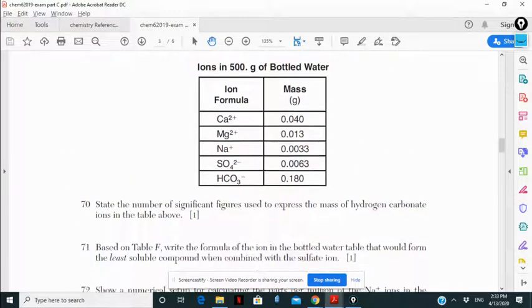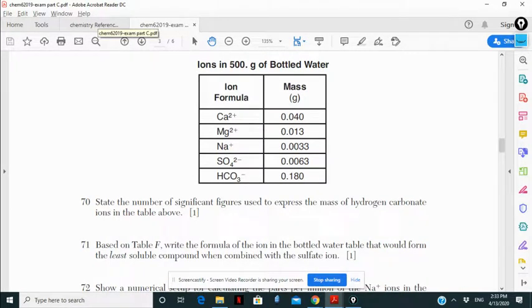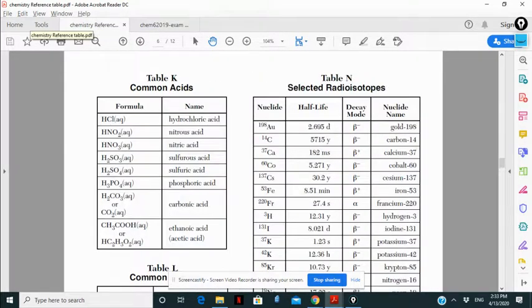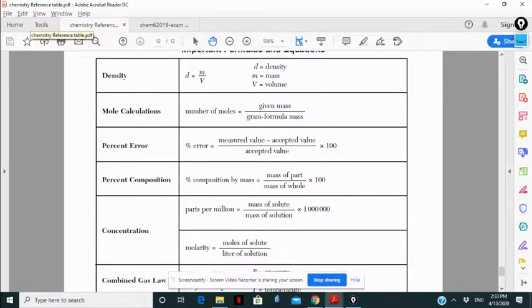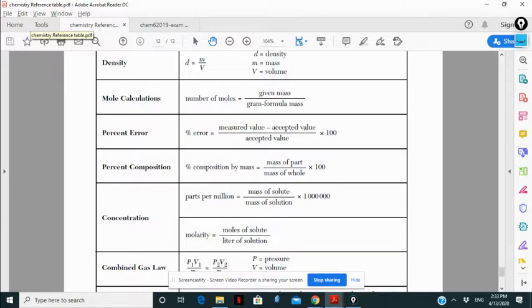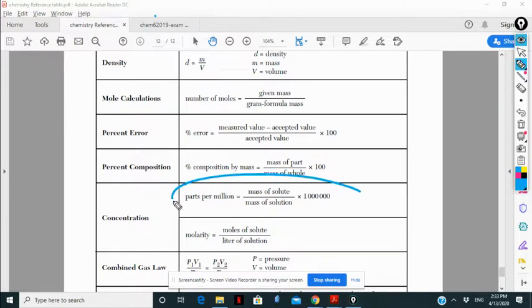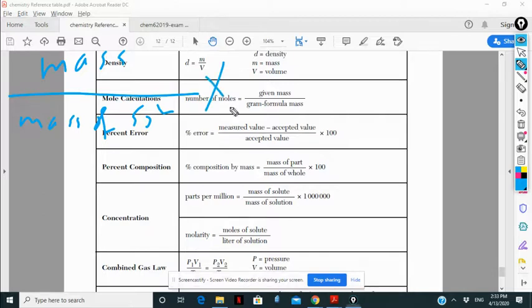So over there, I use the reference sheet, parts per million. So that's the formula I'm going to use. Mass of solute divided by mass of solution times a million.